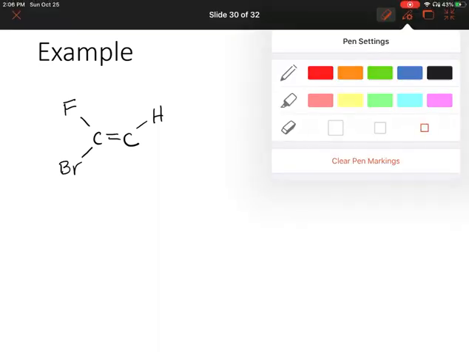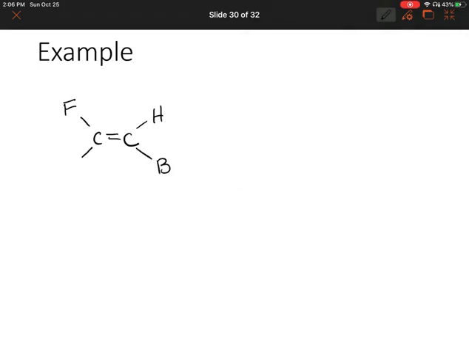All right, so let's look at a couple of molecules. So we're going to look at some alkenes again. Oh, whoops, I drew it wrong already. Bromine is supposed to be on the other side. Chlorine is supposed to be there.